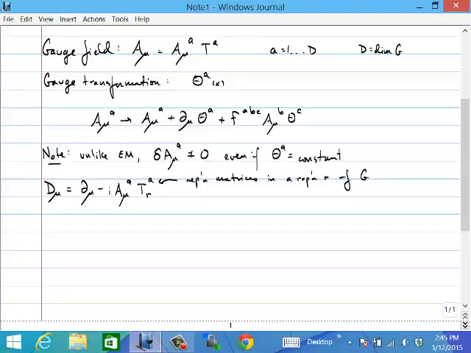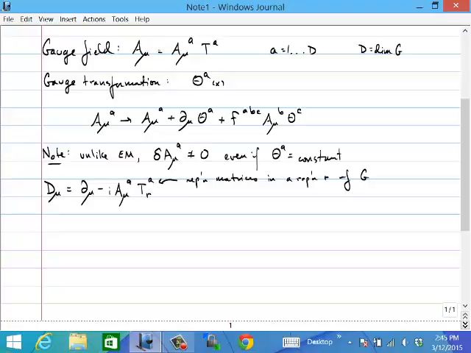On your problem set, you're going to be working them out explicitly in the Gell-Mann basis for SU(3), for SU(2). The fundamental basis in the two-dimensional representation is given by the Pauli matrices. But as you're familiar with in the case of SU(2), there are all sorts of other representations that we could consider.